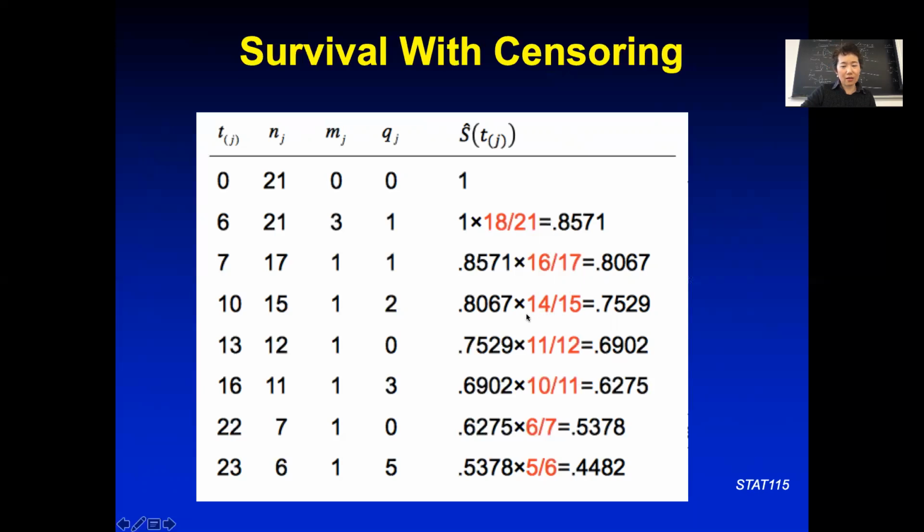So this is the probability of alive based on the 15 patients, but then you inherit the survival probability from the previous time point. And this is how you can calculate the survival probability with censoring considered.